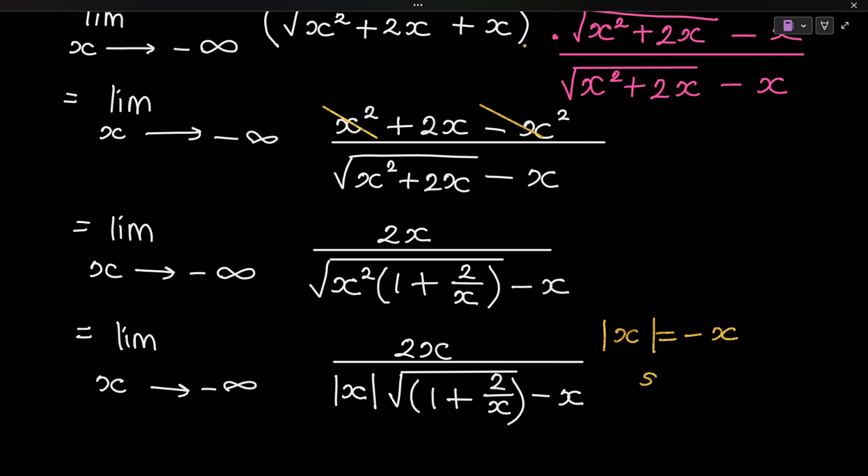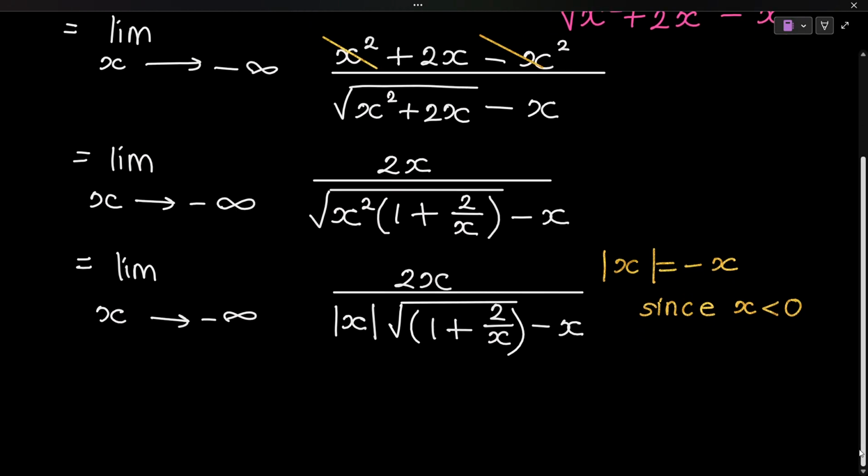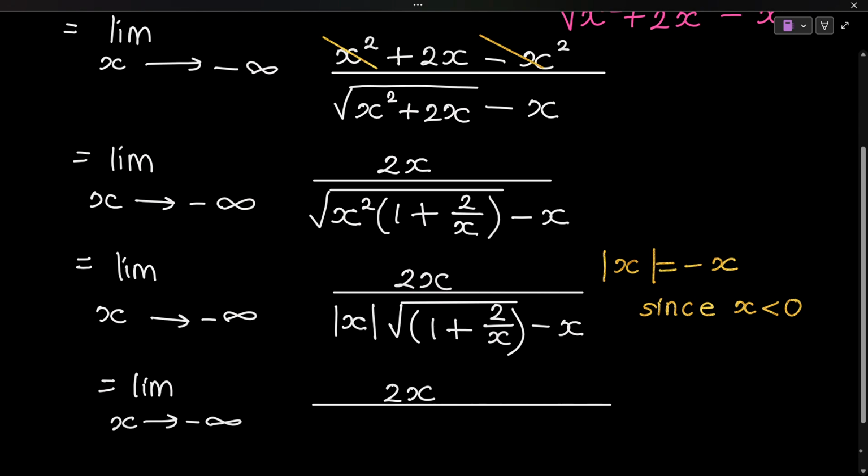And the reason why it equals negative x is since our x values are less than 0. Notice that x is approaching negative infinity. So in the denominator where we have the absolute value, we are going to replace that with negative x. Everything else will stay the same at the moment.